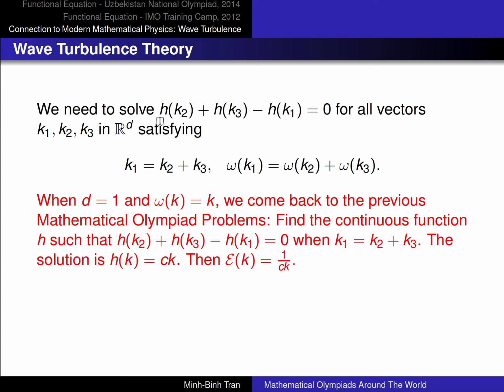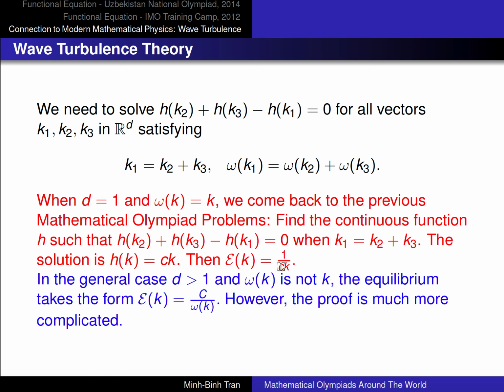Of course, when d is 1 and omega(k) is k, we come back to this equation: omega(k2) plus omega(k3) minus omega(k1) is 0 when k1 is k2 plus k3. And the solution, as we know, is ck. Then the equilibrium will be the reverse of H, which is 1 over ck.